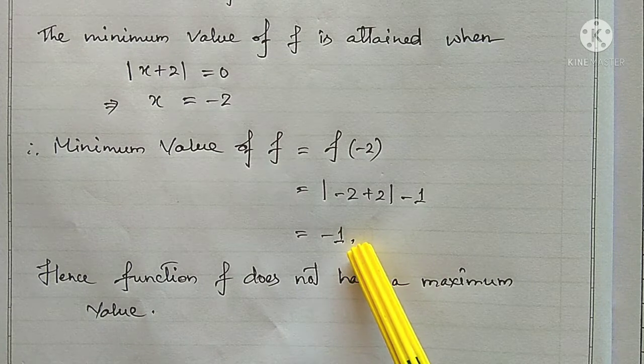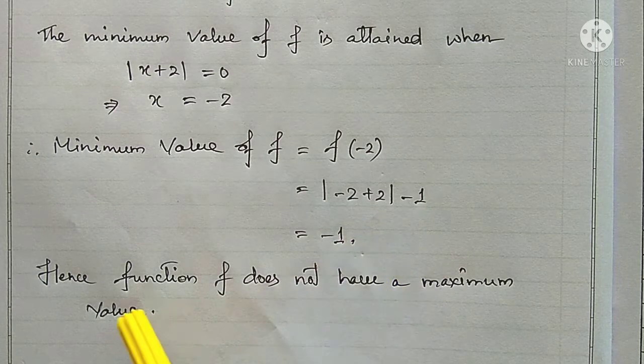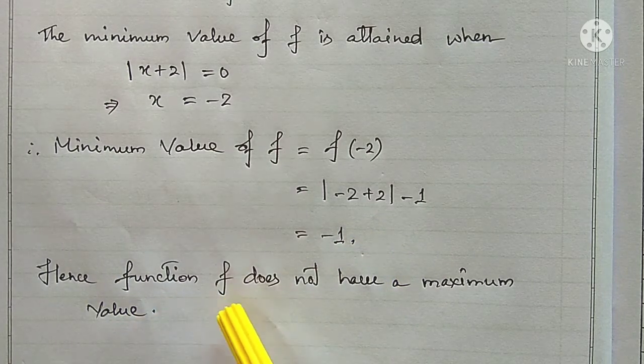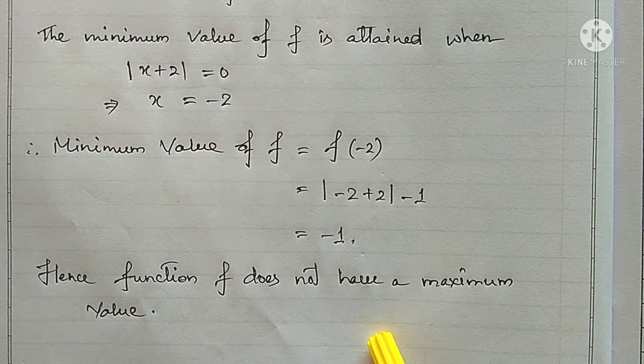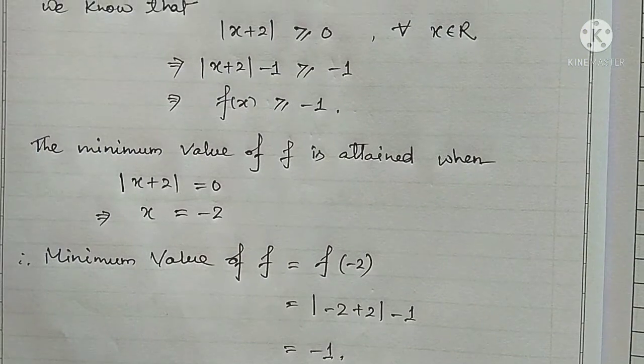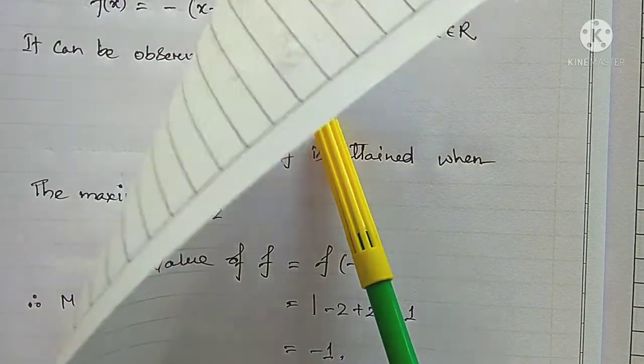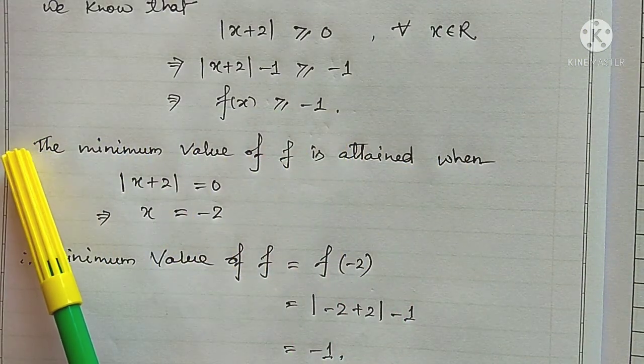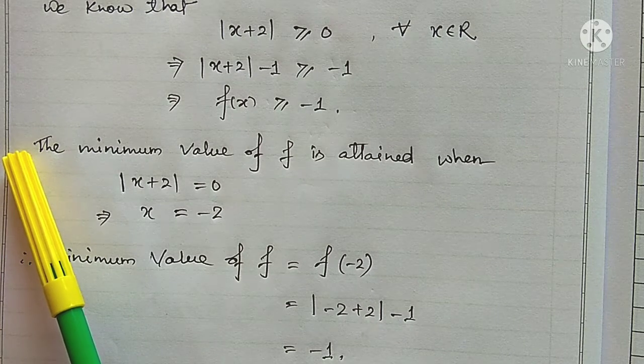Finally, the conclusion we have to write: hence, function f does not have a maximum value. If you see here, the minimum value is minus 1, because the f(x) value is greater than or equal to minus 1.